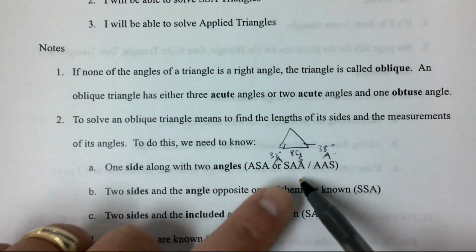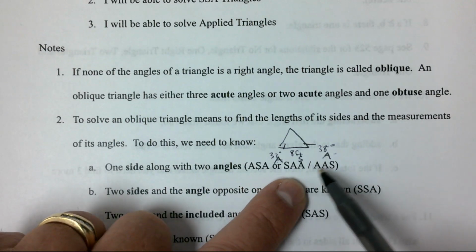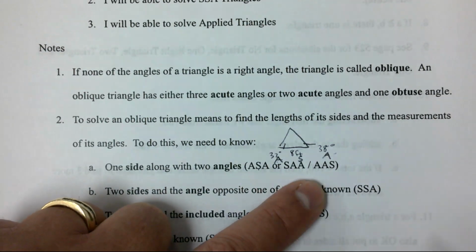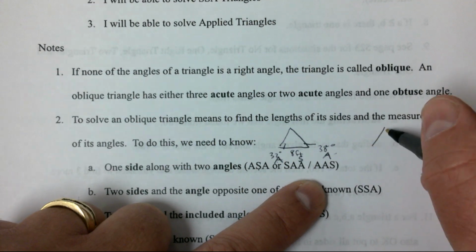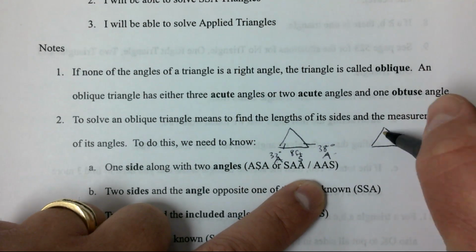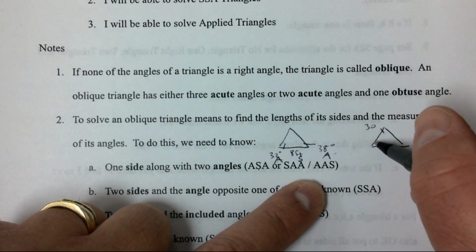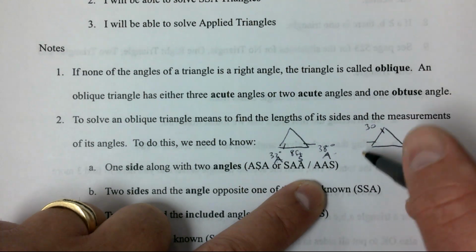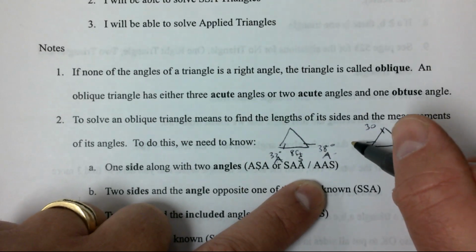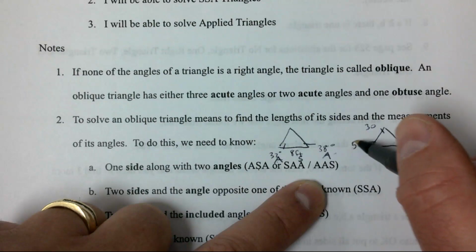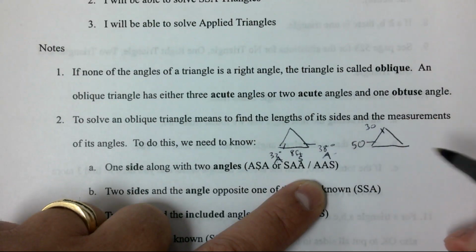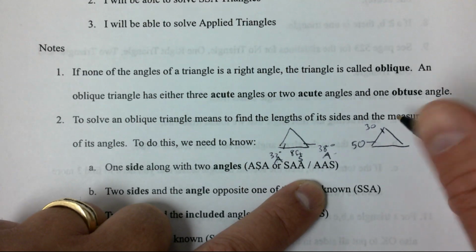Now the other one is SAA, or they say AAS. Well, that would look like something like, what if we know this is 30 and this one is like, I don't know, 50. I didn't draw it to scale, so let me do this a little bit better.